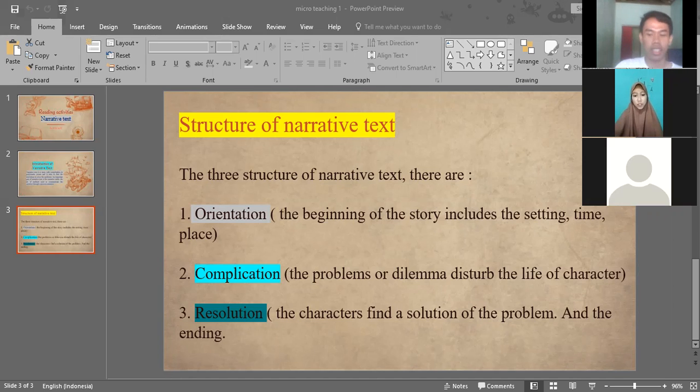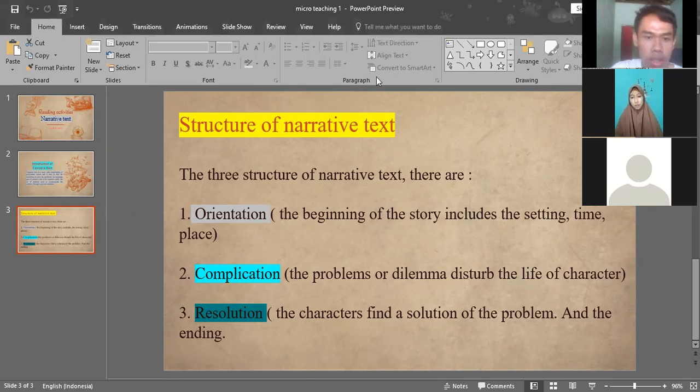Okay, sir. The title is The True Friends. Once upon a time, there were two close friends who were walking through the forest together. Sorry, sir. Where is the text? There is no narrative text that you said before. Oh, wait.